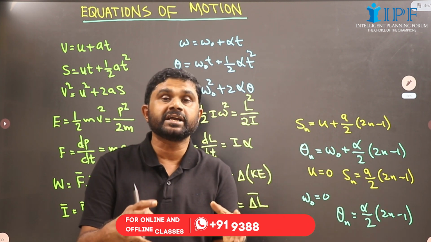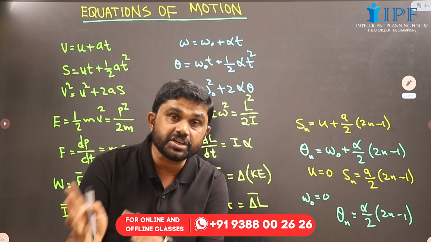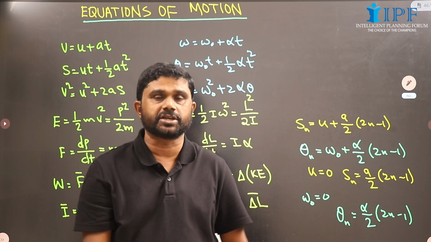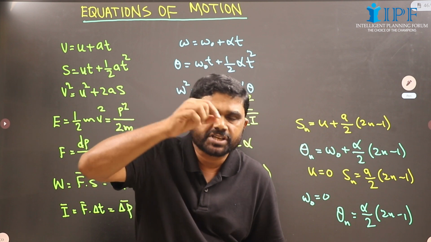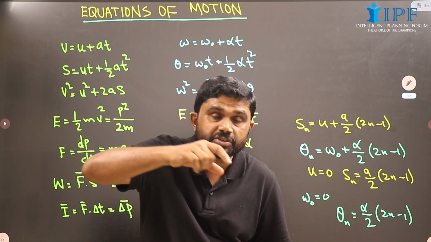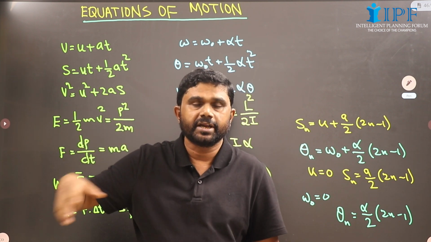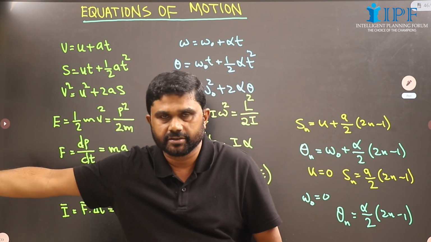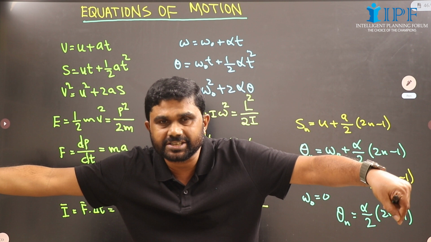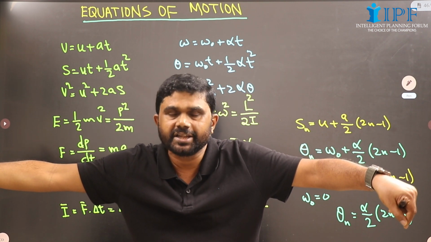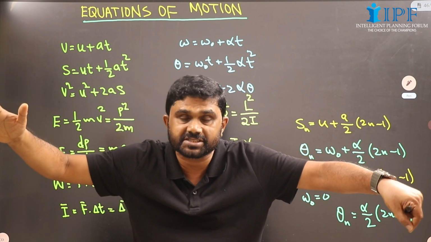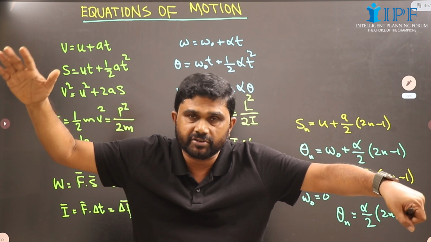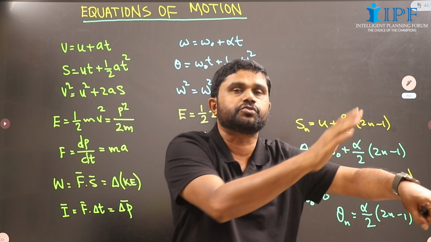The same thing we can apply in the reverse order for a body that comes to rest with uniform retardation. When a body starts from rest and moves with a constant acceleration, the ratio of displacements will be 1:3:5:7. But if a body comes to rest with a uniform retardation, then the ratio of displacements in successive equal intervals of time will be, if there are 4 intervals, 7:5:3:1.